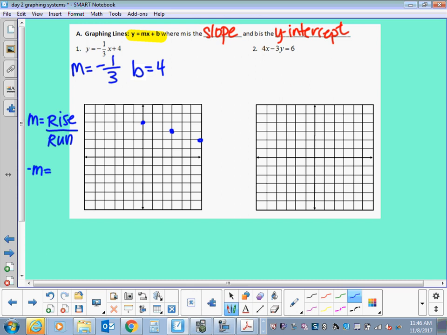So if it's a negative slope, it is fall over run. That's what that means. Then I can just go ahead and connect my dots. Best as you can. That's my line.